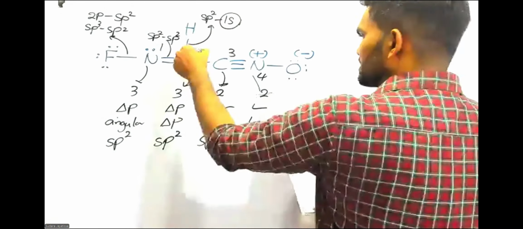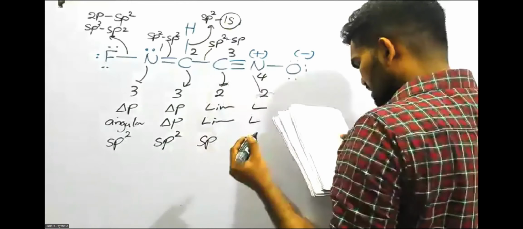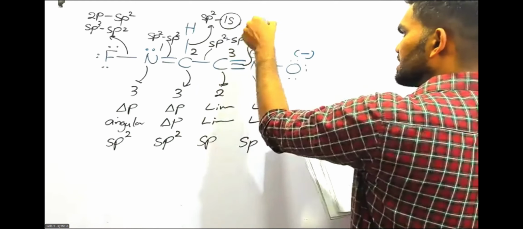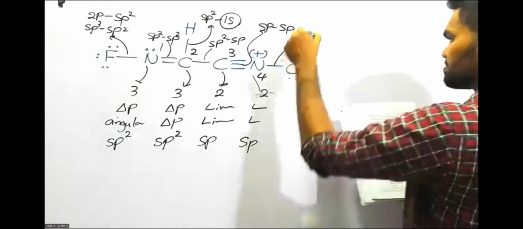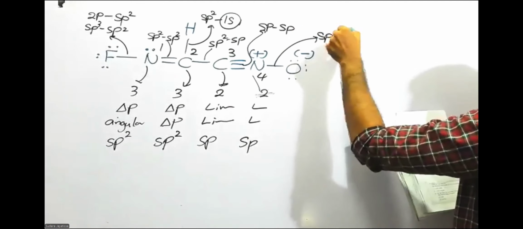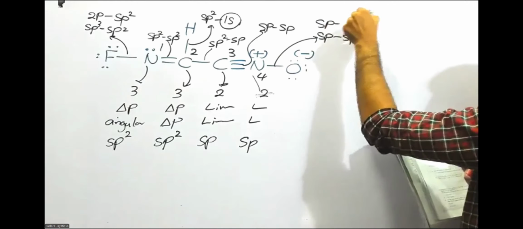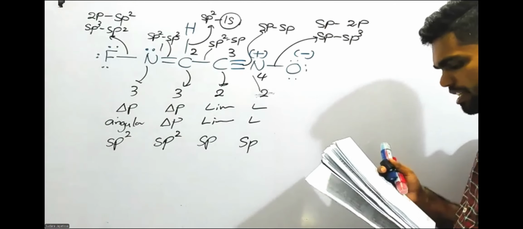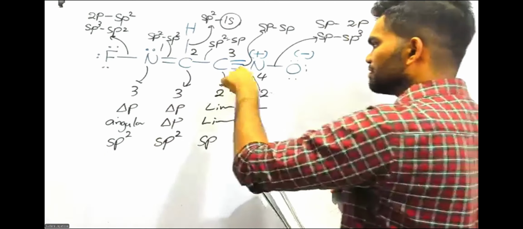Then C2 and C3, sp2, sp. And C3 and N4, again this sigma bond, sp, sp. And finally N4 and oxygen, you can say sp, sp3, or sp2p, since oxygen is in the second period. Those are the sigma bonds. And the π bonds, there is this π bond and there are the other π bonds.